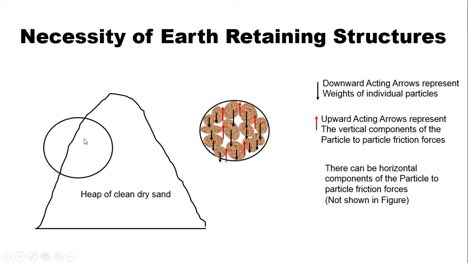Now, when the angle of slope is less than this angle phi, the angle of internal friction, the slope remains stable. If you try to provide an angle of slope more than the angle of internal friction, for instance a vertical face to this soil, then soil will obviously not stand and it will collapse.